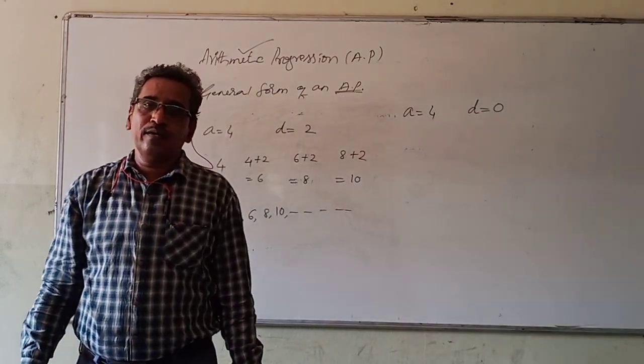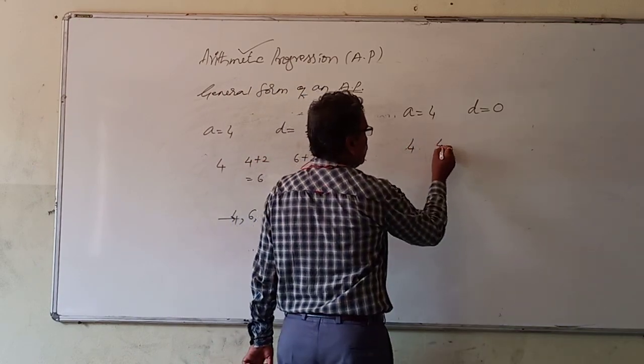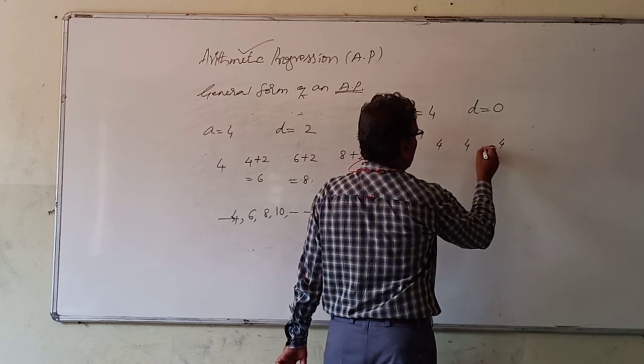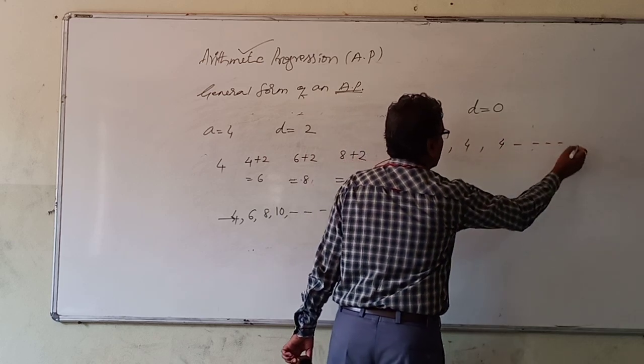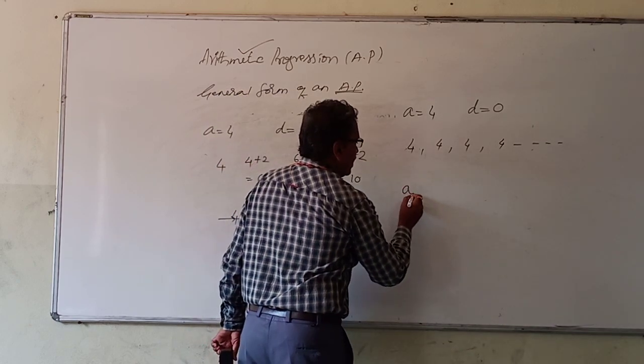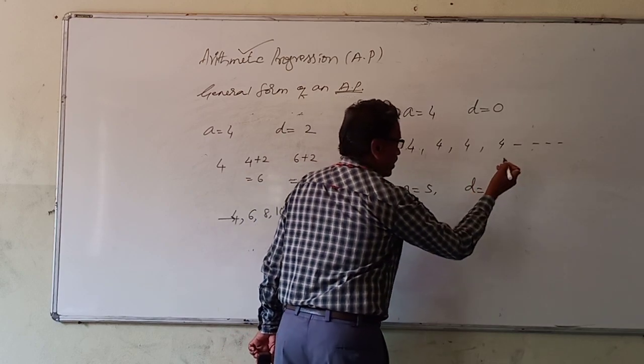What is the AP? 4 plus 0, 4 plus 0, 4 plus 0, so 4, 4, 4. So here this is said to be an AP. Also one more example, the first term is 5 and the common difference is -3.